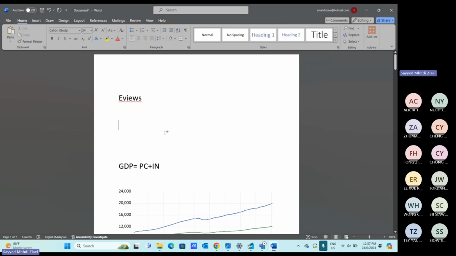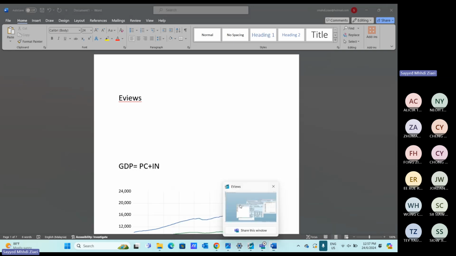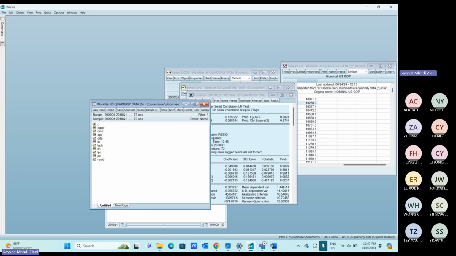Okay, guys, at first I forgot these important things. For EViews and for JASP, the first important thing that you need to put in your result is descriptive statistics. Suppose I want to find the descriptive statistics of these three important variables: GDP, investment, and private consumption.